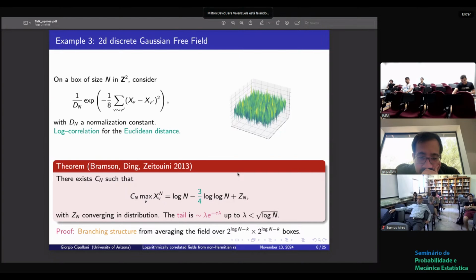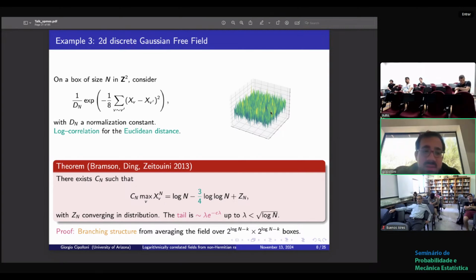Just from a heuristic point of view, is it okay to think about it as more or less like dividing a big square into smaller squares and sampling Gaussian random variables there, and keep doing that? Yeah, something like that. Yes. Okay, thank you.